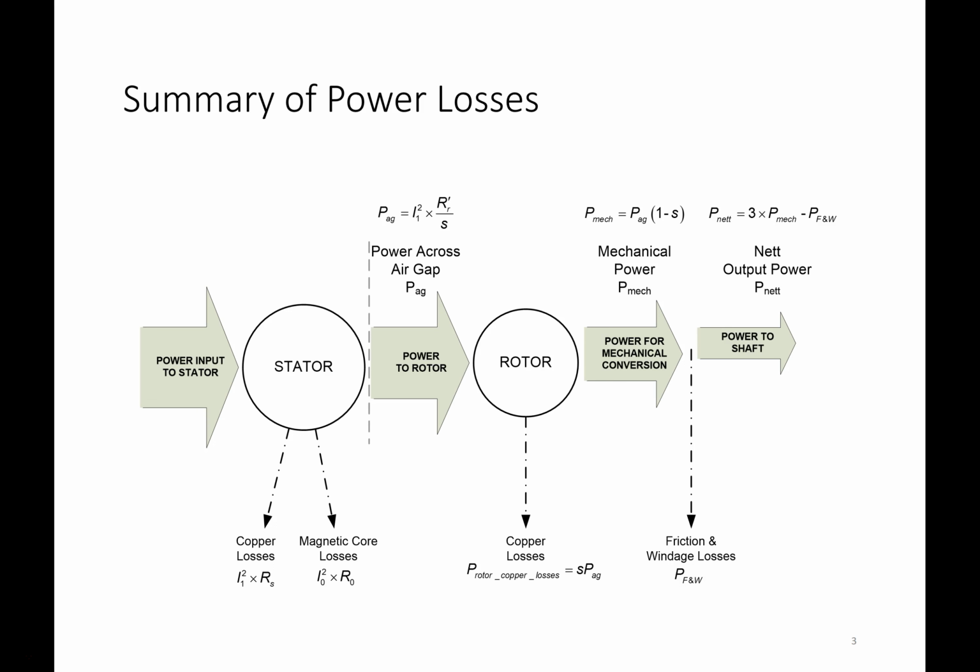So what we have here is a diagram showing input power that we apply on the electrical side, the terminals of the machine, and that goes into the stator. And if you remember, we have here a three-phase voltage and current source coming in balanced, and from that we get our rotating magnetic vector.